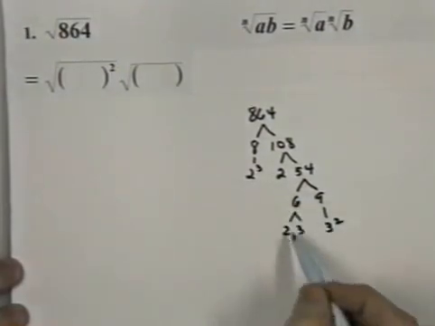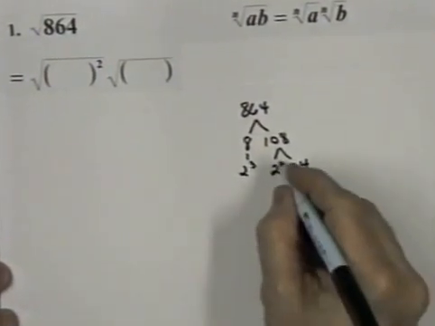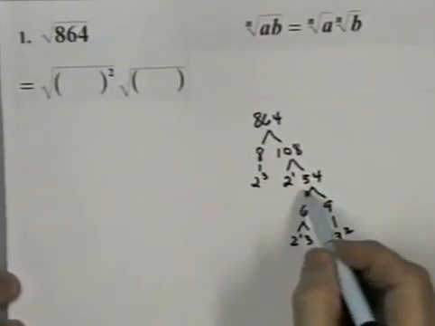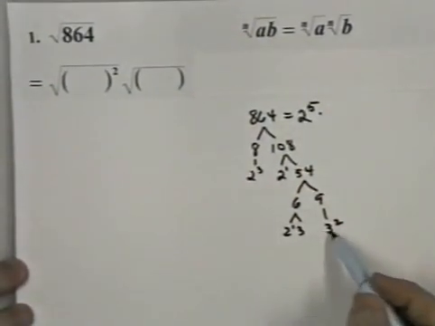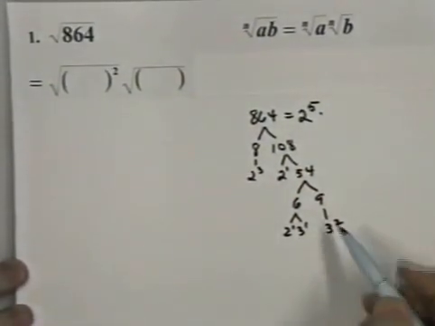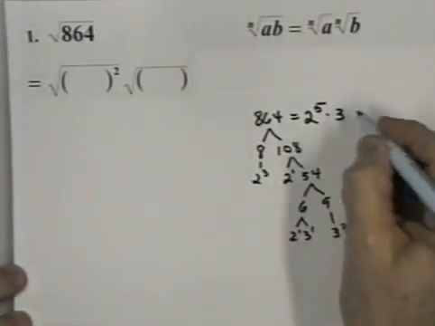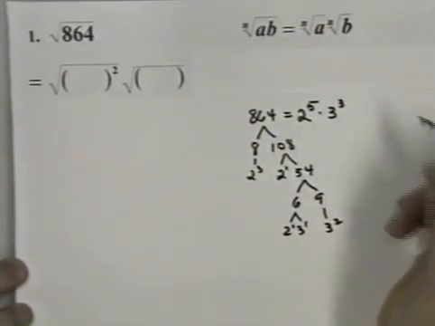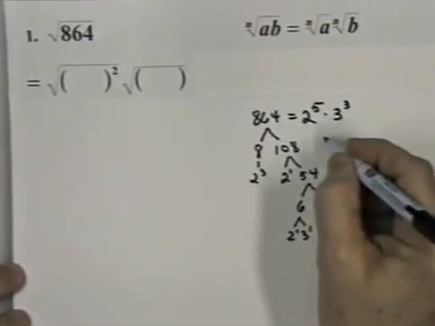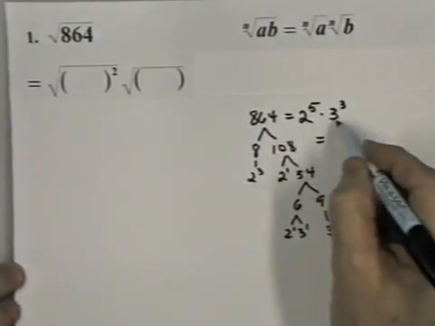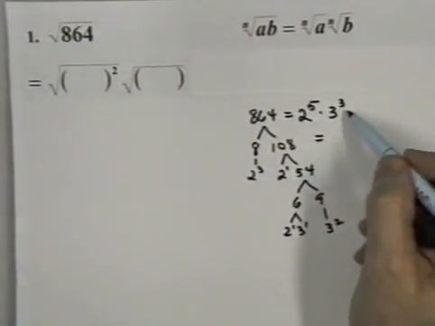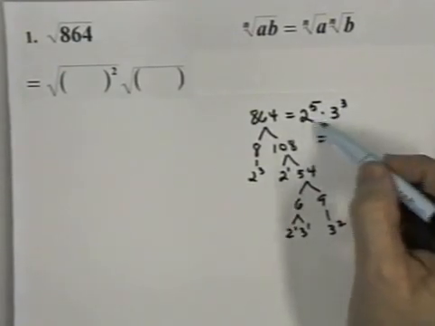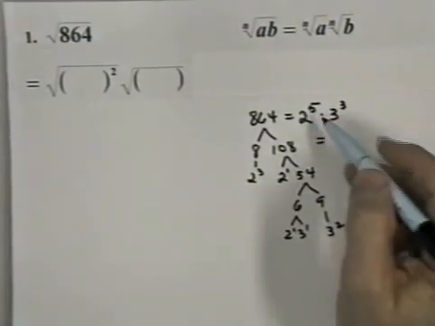And so now put all your factors of 2 together. There's 1, there's 1, there's 3. So this is 2 to the 5th power, and here's one 3, and there's two 3s, so that's 3 to the 3rd power. And now from that I want to write it as a product of the largest perfect square I can make out of these prime factors.